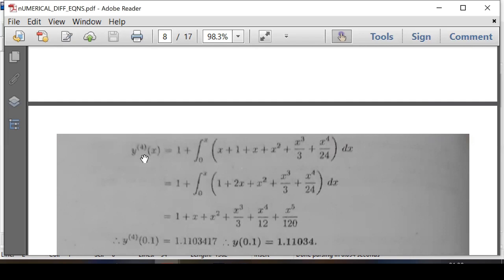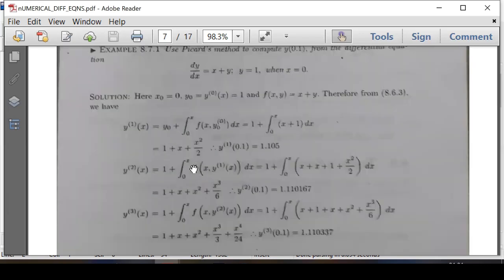You insert the fifth expression and again check if it matches the accuracy. If it is not matching, then you have to insert the sixth expression, and this goes on. So for Picard's method, let me mention here that it cannot be done entirely by the C programming method. You have to do it partially by hand, insert the expressions, and then you can use the C programming itself for the further steps of this calculation.